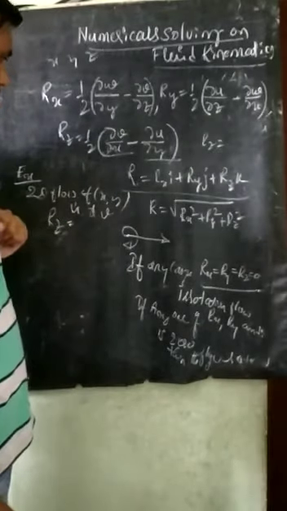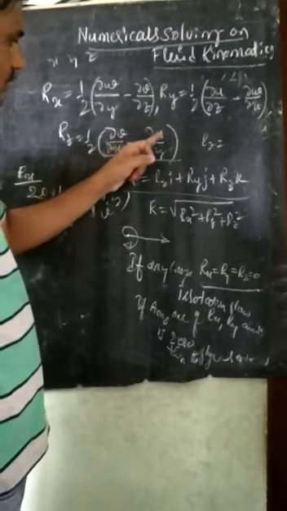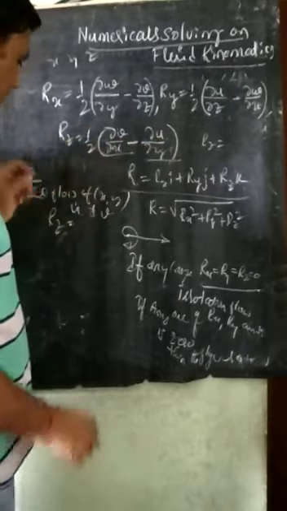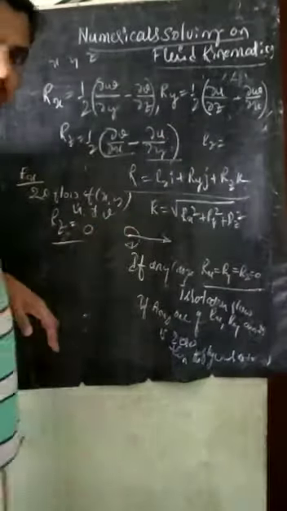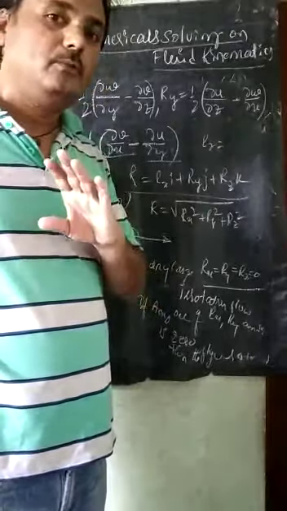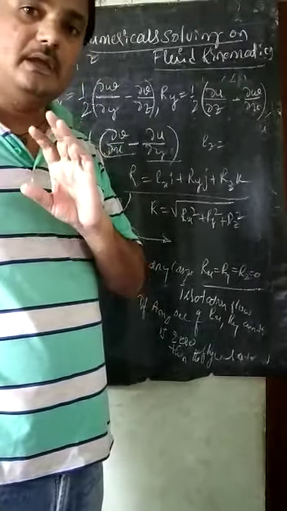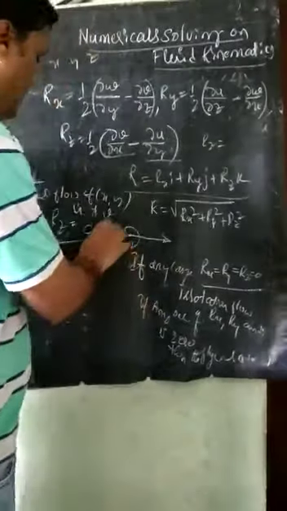Differentiate phi with respect to x and u with respect to y, and check whether Rz comes 0. If Rz comes 0, the fluid particles are not rotating about the z direction, so it is irrotational flow.